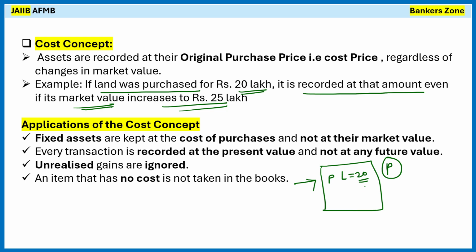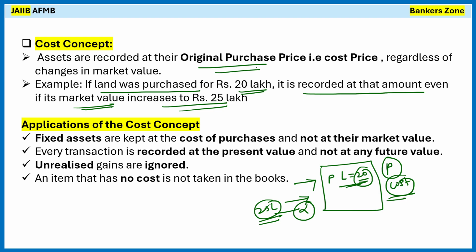Once you purchase the land, its value becomes 25 lakh due to some conditions. The market value is 25 lakh, but you should not record the current market value. You should only record the value at which you purchased it. So the original purchase price is recorded in the book of account. That is the cost price, which is nothing but the cost concept.